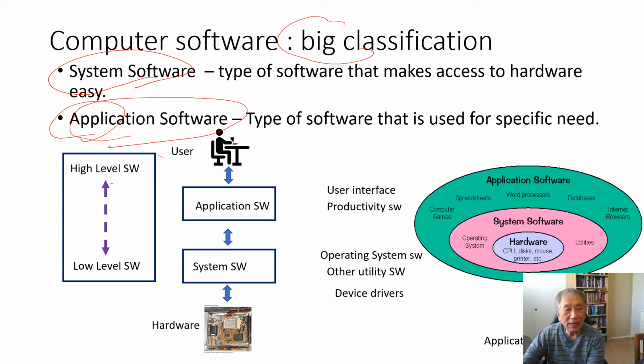So the idea is that system software is a kind of software setting the environment, and the main purpose is making access to the hardware easier and more efficient. We had this diagram: the user here, and then the hardware, the wonder machine, down here.